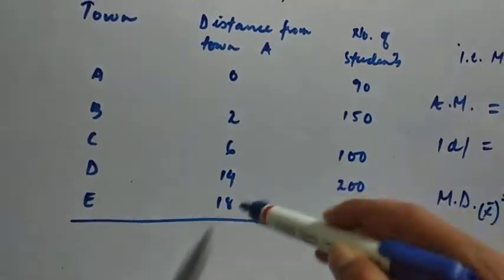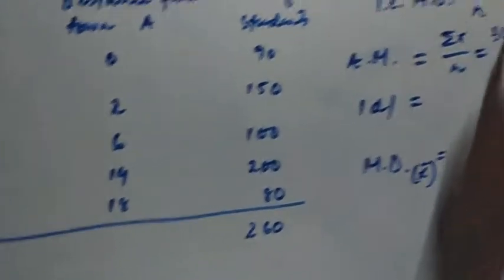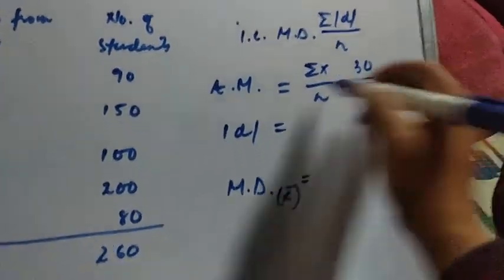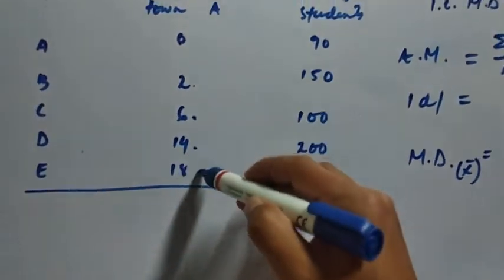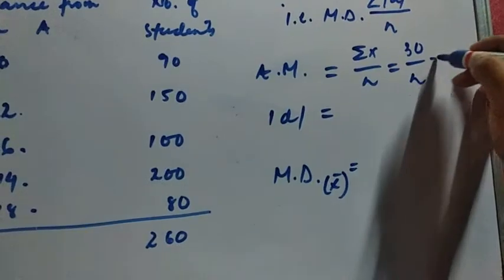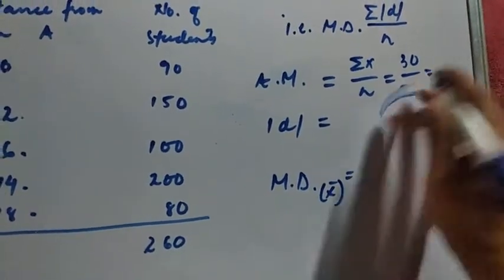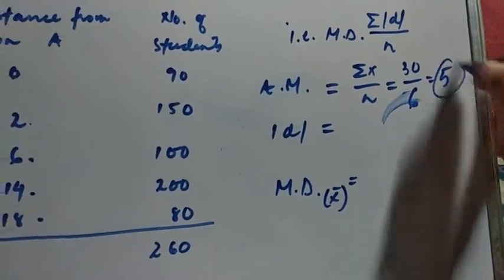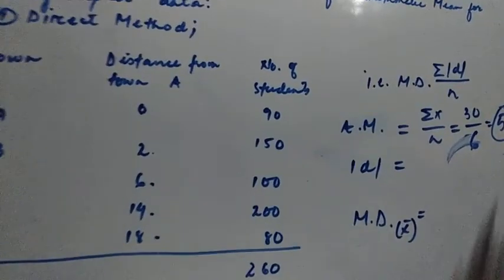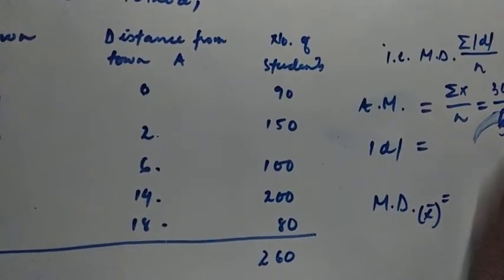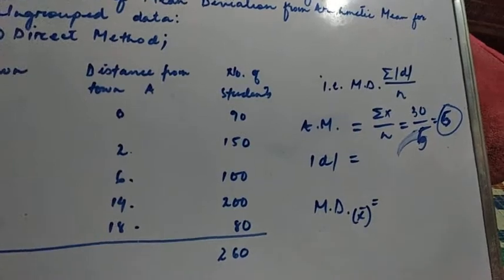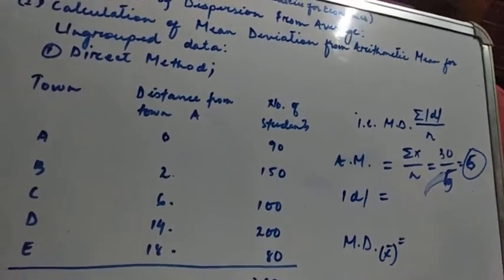When you add all this up, it is 30. So 30 by 1, 2, 3, 4, 5, our number of observations n, so it is 5. So 6 is our arithmetic mean.